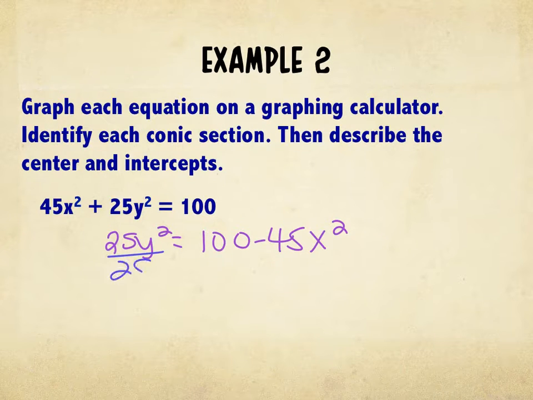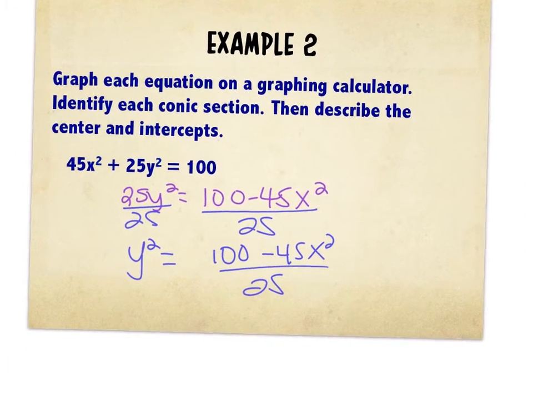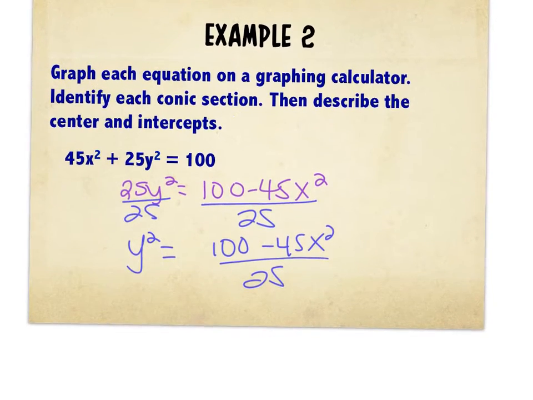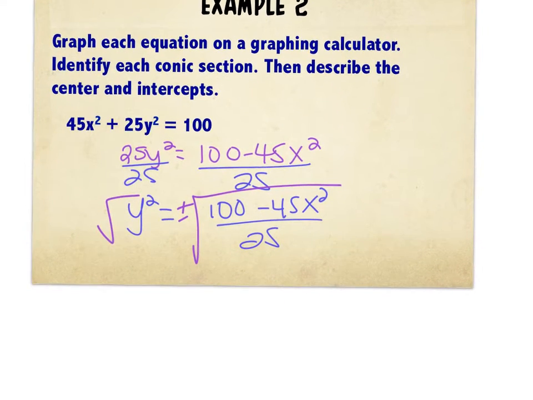So if I divide by 25, y squared equals (100 minus 45x squared) over 25. And our calculators are smart enough to handle that, so you can actually leave that. You just have to be careful how you type that in your graphing calculator. All right, and then the last step would be to square root both sides, making sure you do the plus and minus. So I get y equals, and I'm going to have two equations.